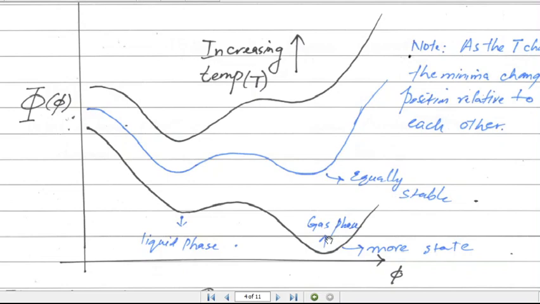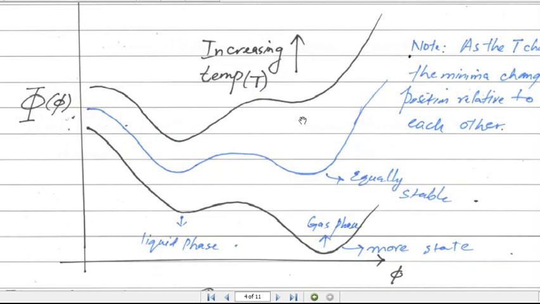But we know that when we vary some parameter, for example temperature in this case, as the temperature increases, the gaseous phase can convert into some other phase, or the liquid phase can convert into some other phase. For example, if we increase the temperature of this liquid after a certain temperature, you will see that this liquid phase will convert into a gaseous phase, and that's because of the phase transition.